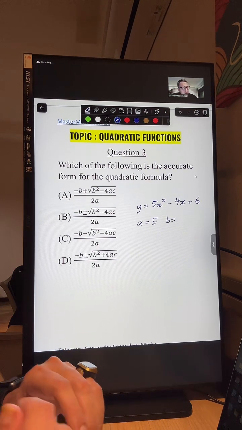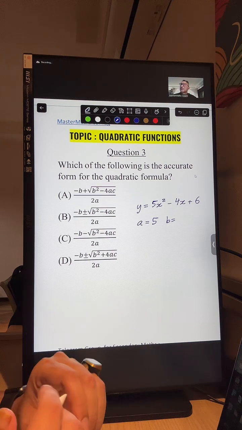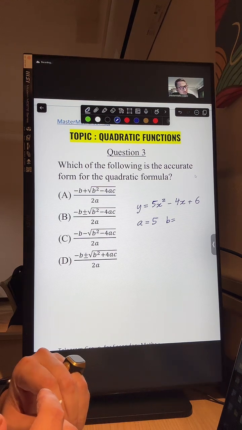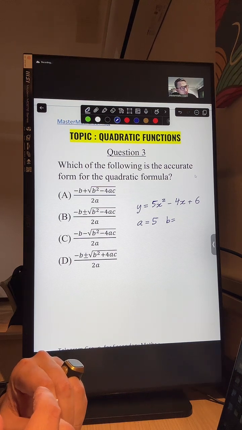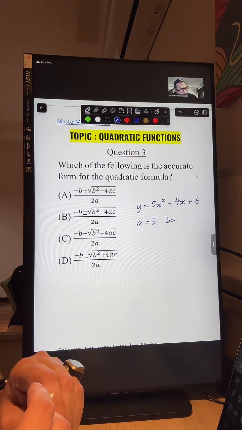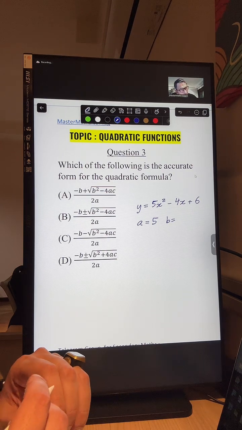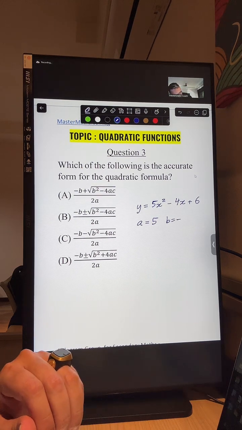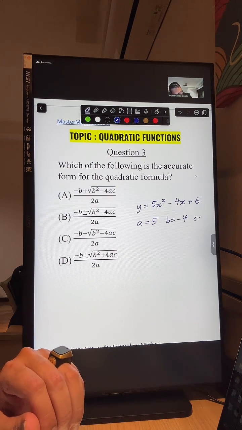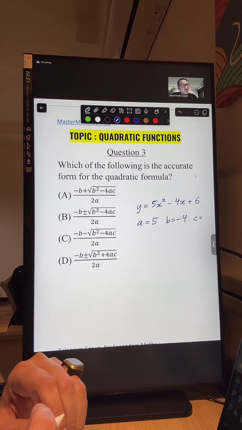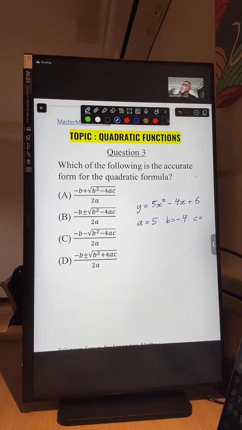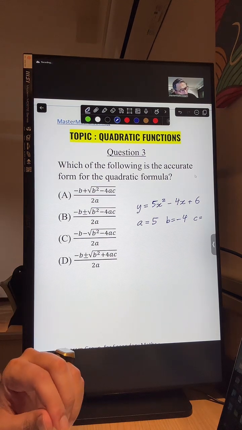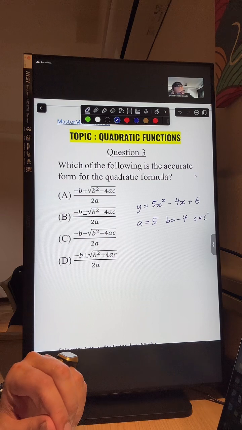What is the B going to be? Is it going to be 4 or negative 4? Negative 4, don't forget the negative sign. And then finally, what is my C going to be? Awesome, 6.